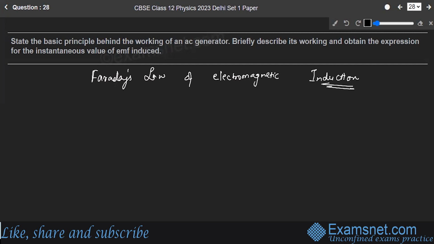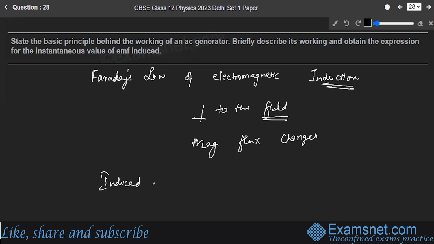Whenever a coil is rotated in a uniform magnetic field about an axis perpendicular to the field, the magnetic flux linked to the coil changes, and an induced EMF is set up across its ends.